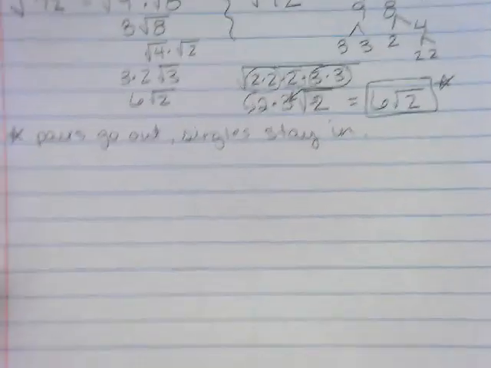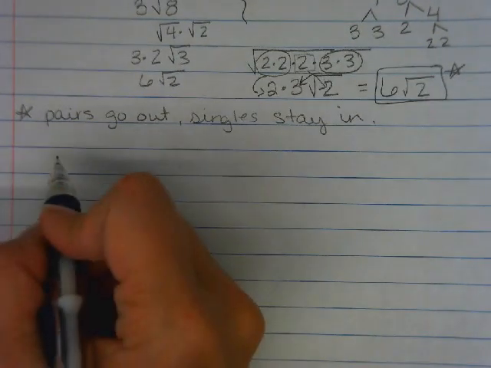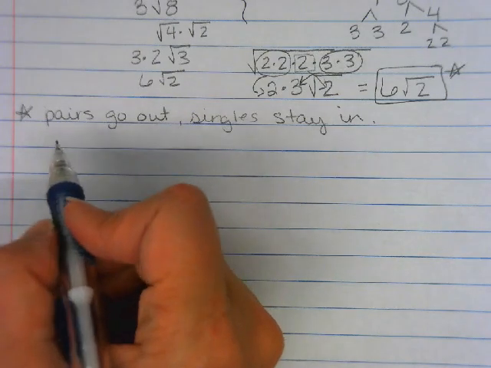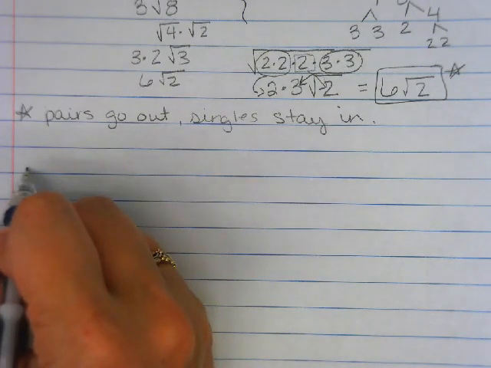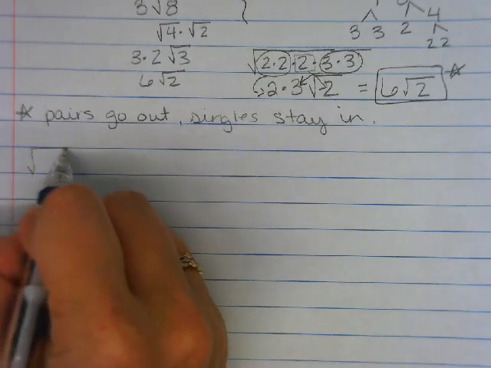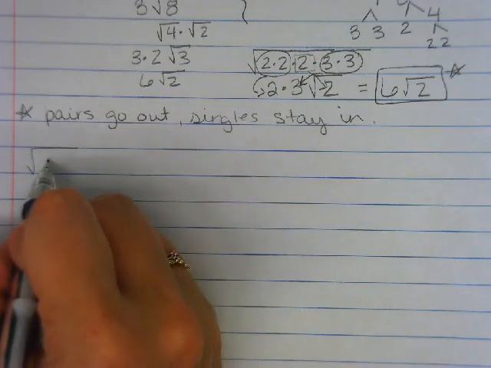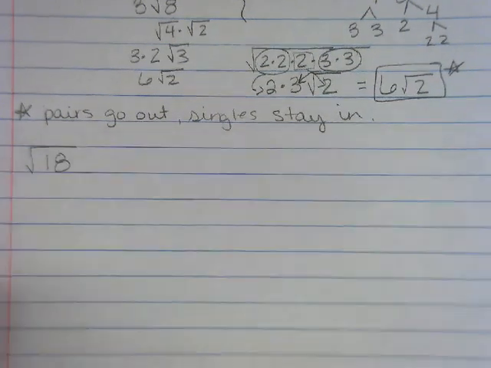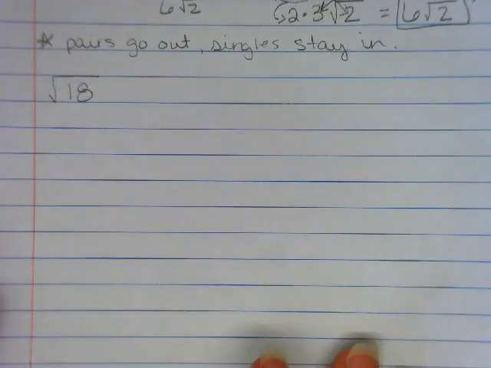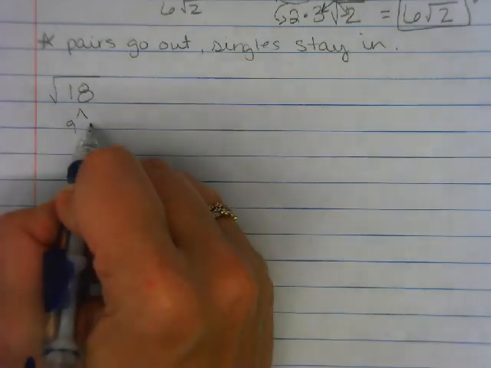Do you think you can do one? Do you feel okay with this? Yeah? You want to try one? Let's do the square root of 18. I'll give you a nice one. What would you do here? Talk me through it. Okay, so it splits into 9 and 2.